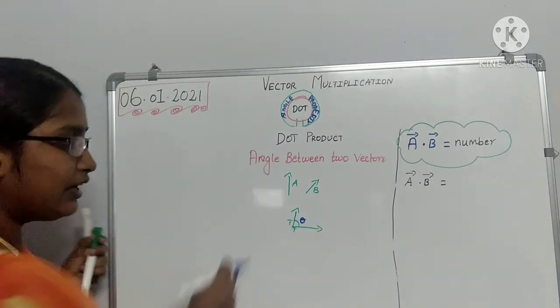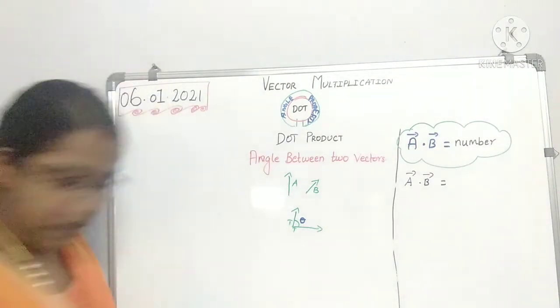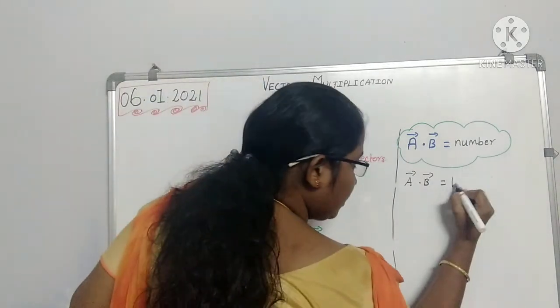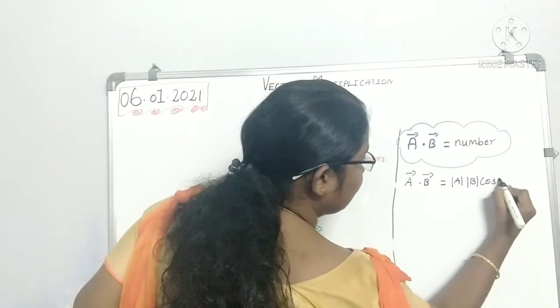Okay? This theta, how will you write? A vector dot B vector is equal to mod A vector mod B vector into cos theta.